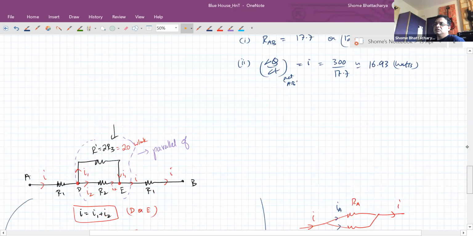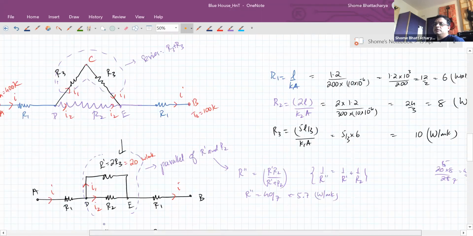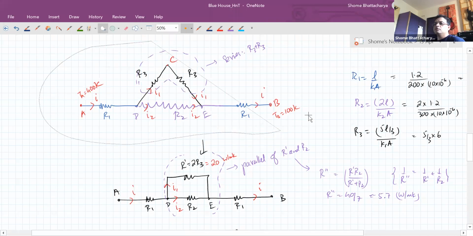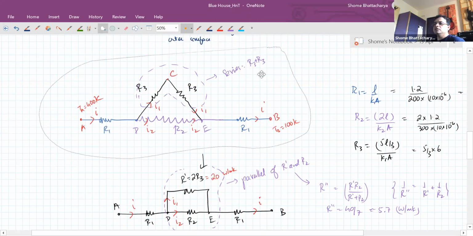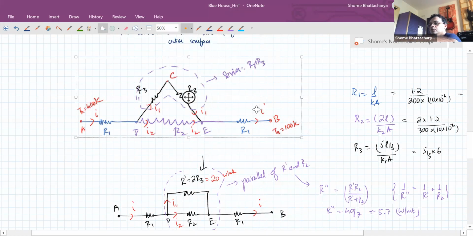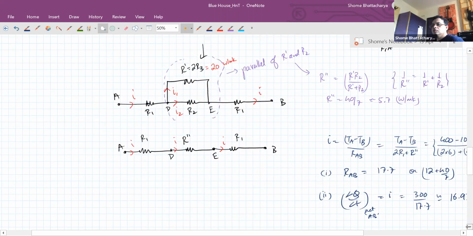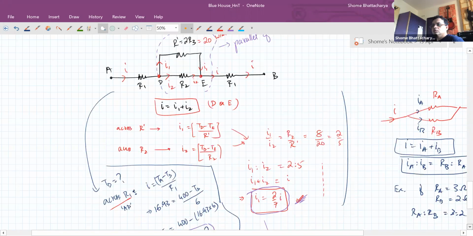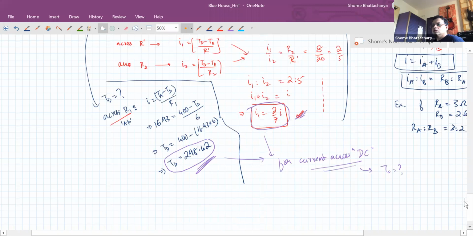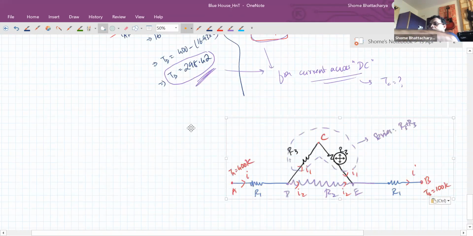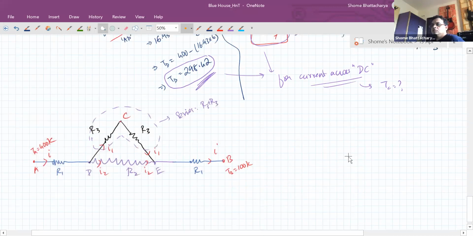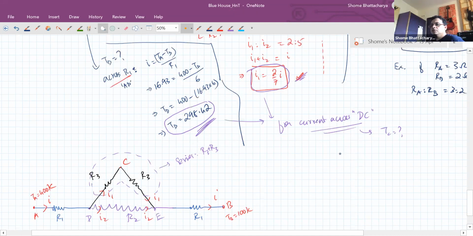Now we will go back to this diagram, the one which has the two individual resistors R3 and R3. So in this diagram, we have now calculated the value of I1 and we've calculated the temperature of the point D. So the unknown quantity is the temperature of the point C. That's what we're going to do next. So we will apply this across DC.